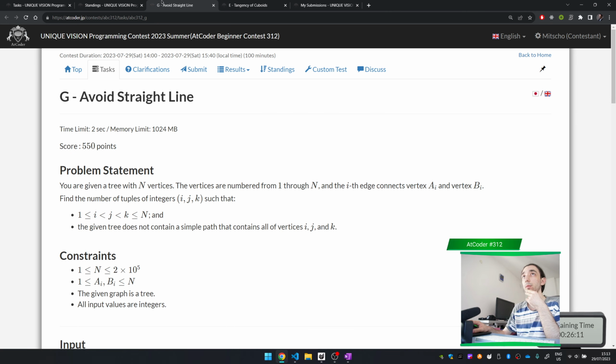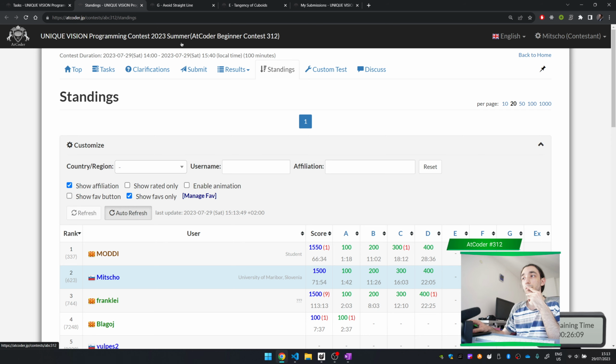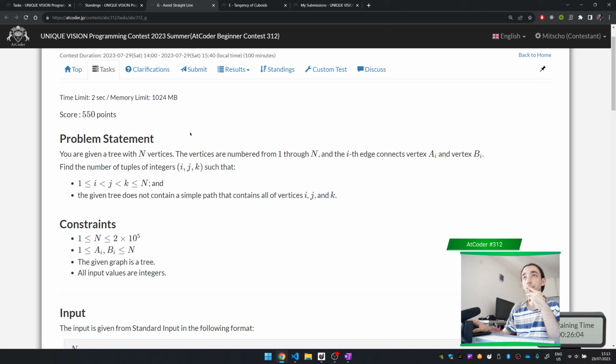It's a pretty cool problem. If I fix j, then there are quite a number of tuples.